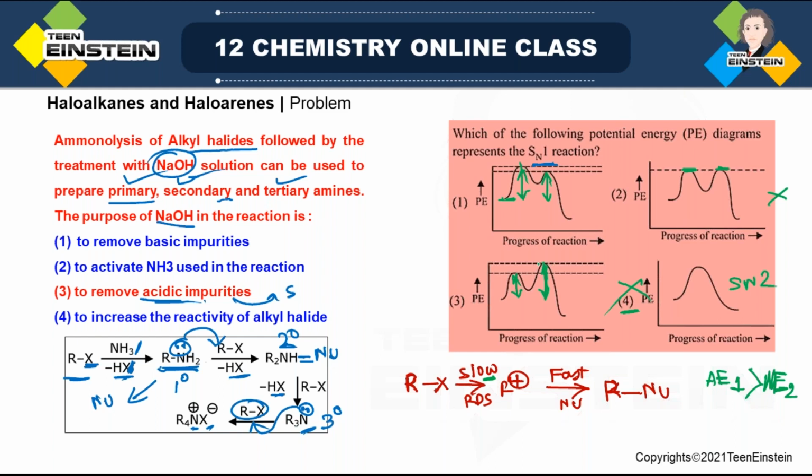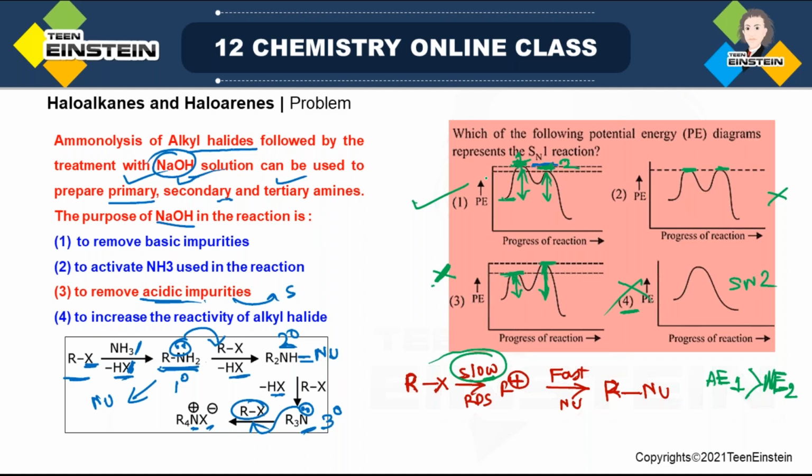So the transition state for the second step is high, but for the first it is low, and this is not possible because here the first step is the slow step. So the activation energy for the first step should be high. So see here, the transition state is high. Suppose this is number 1 transition state, this is 2. So 2 is slightly lesser than 1. So that is why this is the correct energy profile diagram for SN1. Okay. So is this clear?